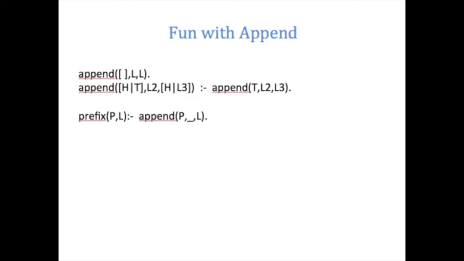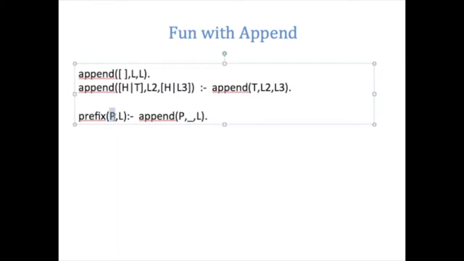All right, now we can use append for other purposes, and define new predicates with that. So, for instance, if I want to find out if a list is a prefix of another list. Maybe the list AB is a prefix of the list A, B, C, D, E, and so forth. I can define that with append.